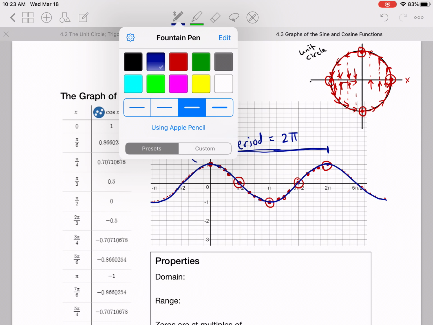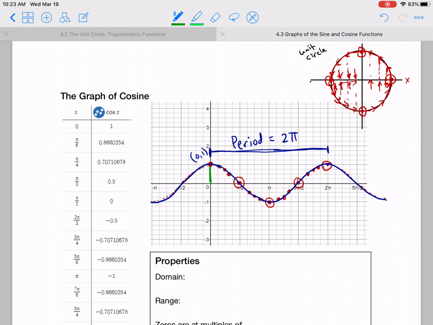Again, we're going to have an amplitude of 1. Again, we go the furthest distance up or the furthest distance down we can go from the x-axis, or also what is known as equilibrium, if we shift this from the x-axis there. And this is our amplitude. And it, again, has a value of 1.